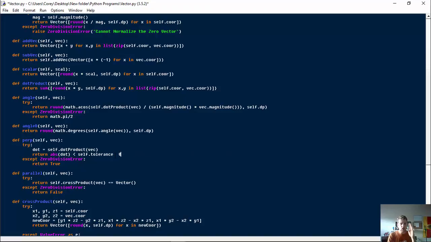But instead I can just cleave off one half of the range if I just do the absolute value and just call it less than. So if we got a negative 0.00001, we're going to pump it up to positive 0.00001 and check if it's within that tolerance.